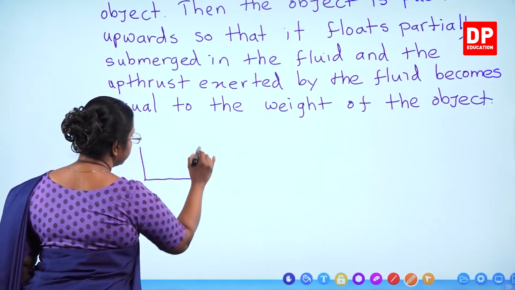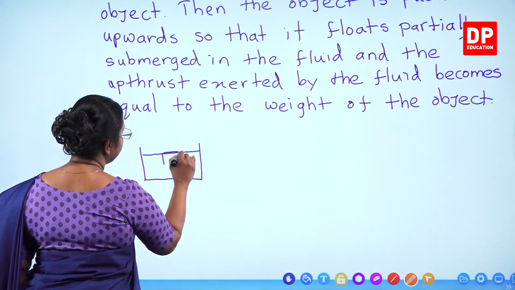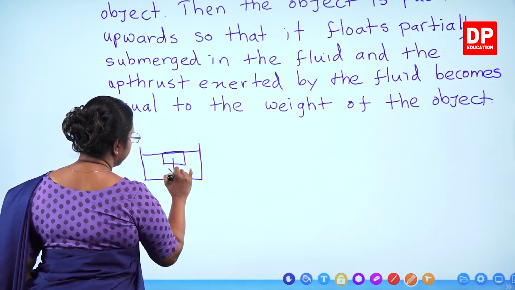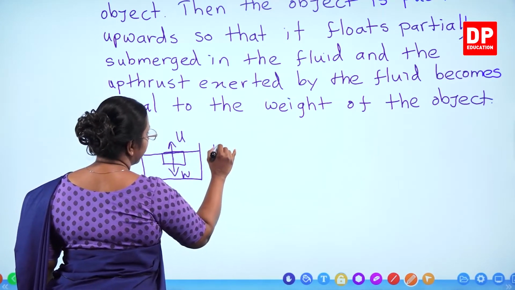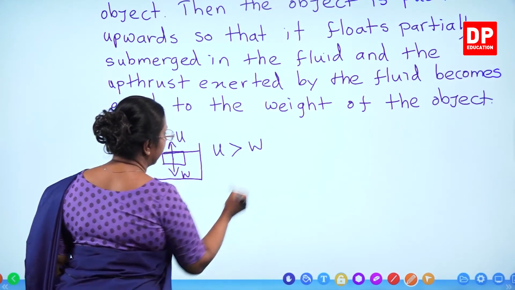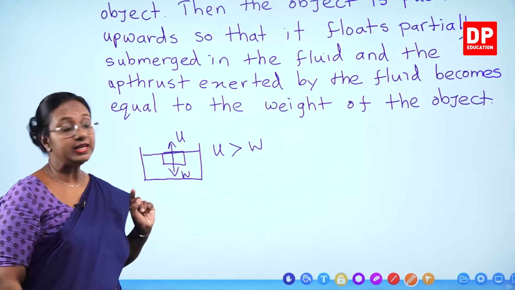So here what happened? We have the object there. When you have it like this, the weight is down, upthrust is up, but upthrust is greater than weight. So there is a resultant force acting upwards.